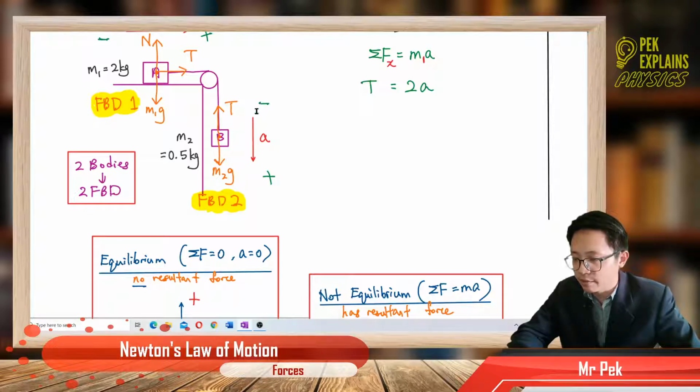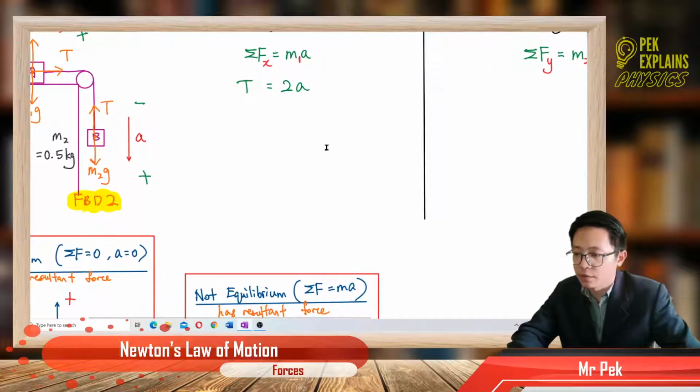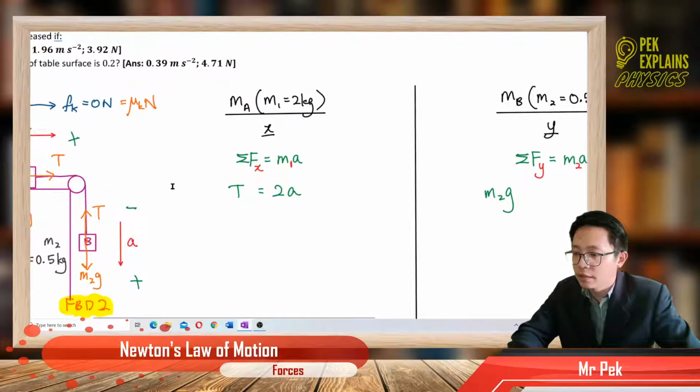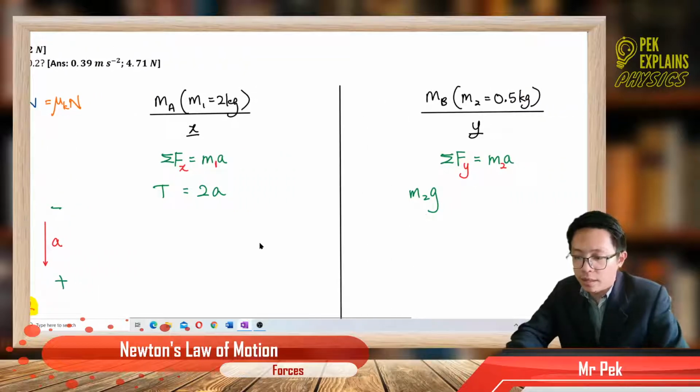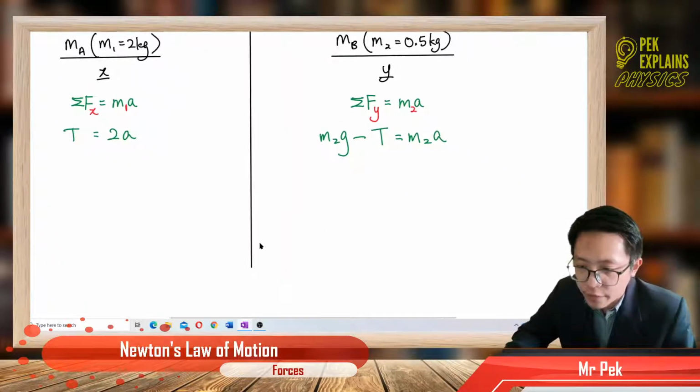Tension is negative because it is opposite acceleration. So mass 2g positive, and then negative tension, because opposite acceleration. So m2g minus tension equal to m2a. So put in the values.